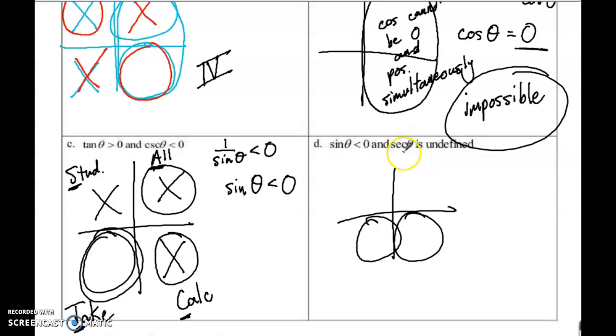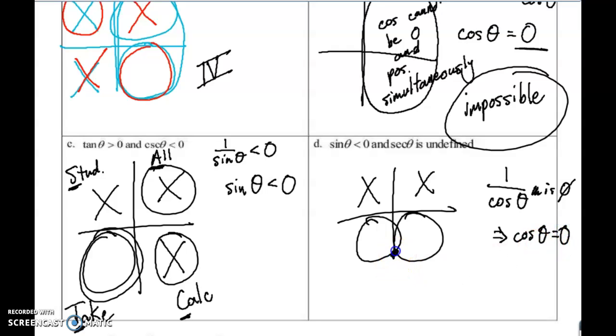Secant is undefined. Well, secant is undefined when cosine is equal to 0. Well, remember, cosine is the x-coordinate at 0, -1.